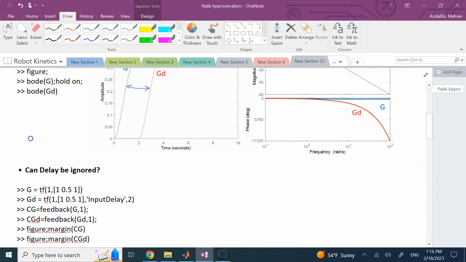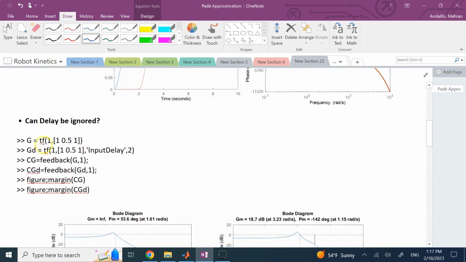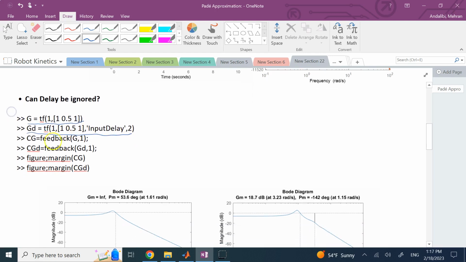Here, in order to explore that, I show you one transfer function, and then another transfer function with, again, 2 seconds of delay, the same transfer function, but 2 seconds of delay. Then I'm gonna use a unity feedback on both of them using the command feedback, and then I apply the margin command on them, so it shows the phase and the gain margin, right?